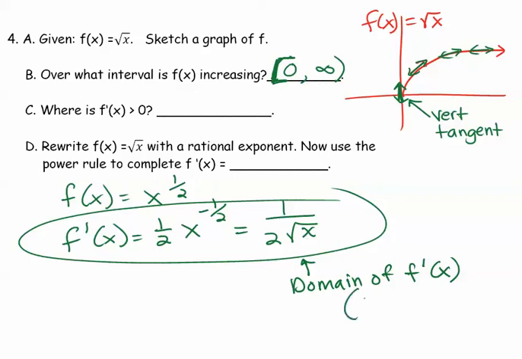So the domain of f prime is an open endpoint. Notice the domain of our original function had a closed endpoint at 0, but our derivative function is only going to be defined greater than 0 because the derivative would give us division by 0.